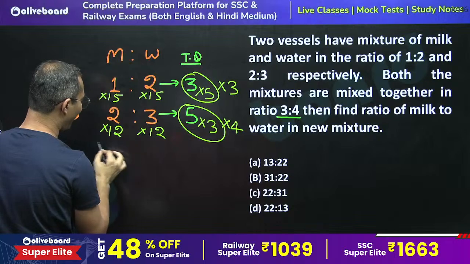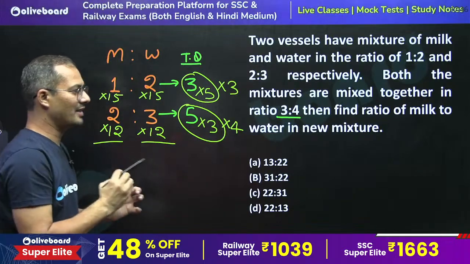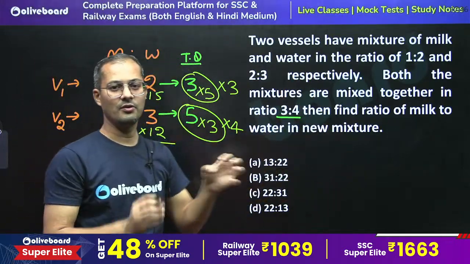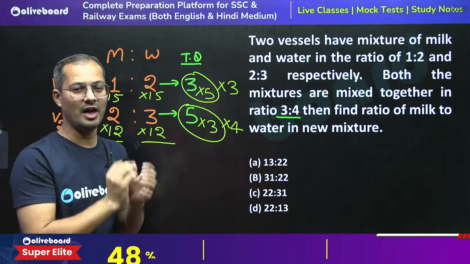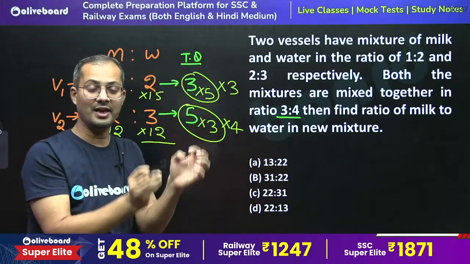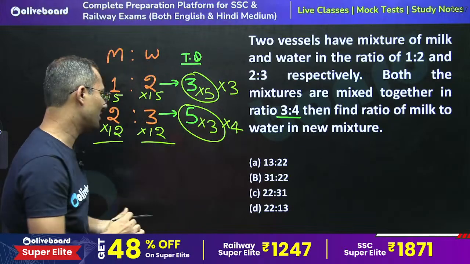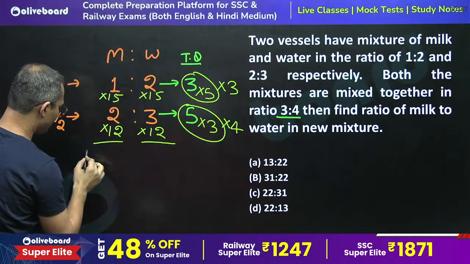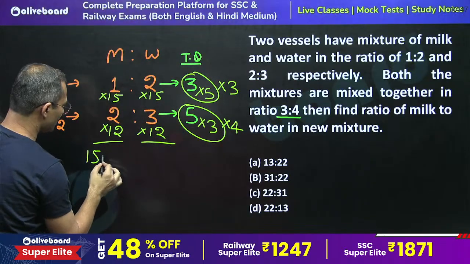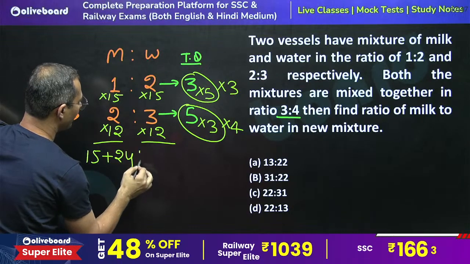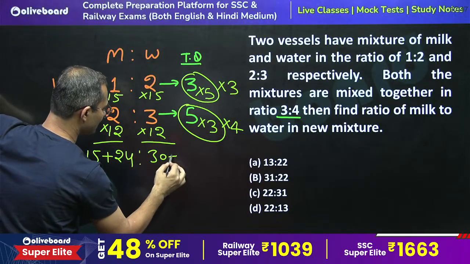Now we can add them up, because we have satisfied the condition given in the question. If the condition is satisfied, then mixing means adding. So milk is going to be 15 plus 24, and water 30 plus 36.